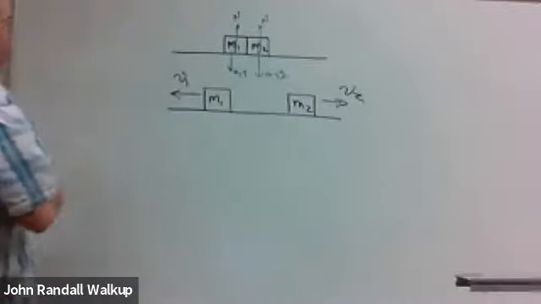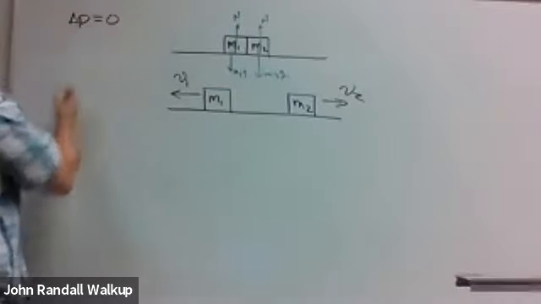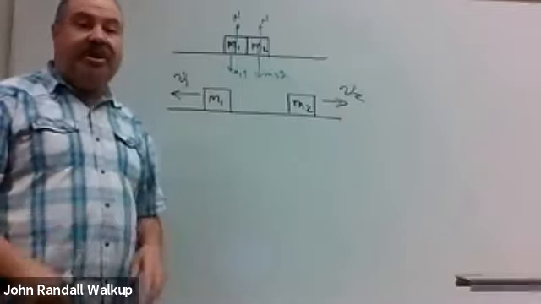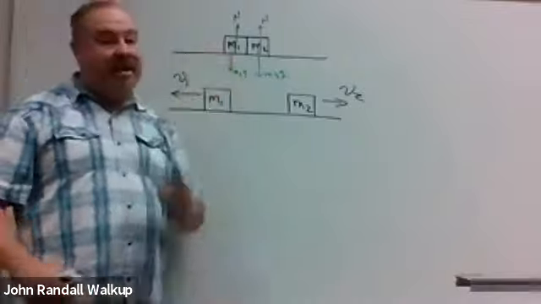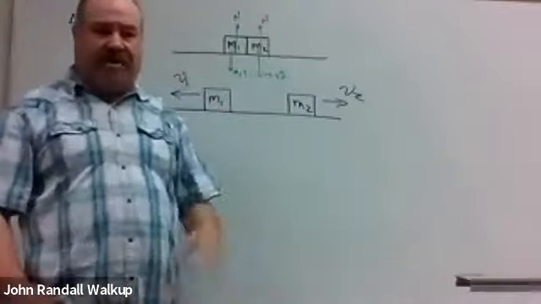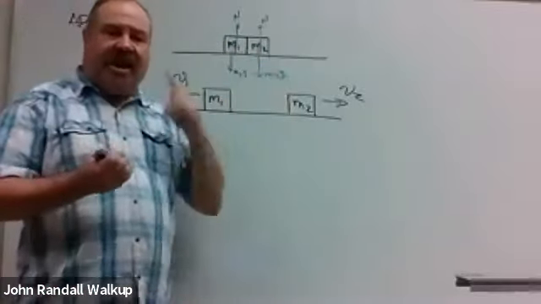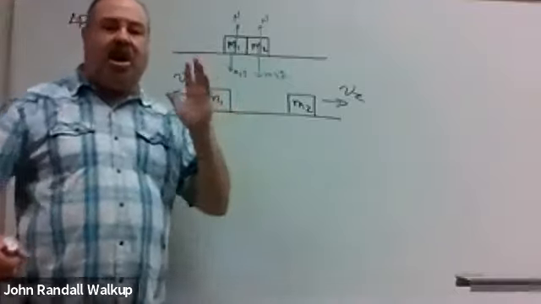So we're going to write that down. Momentum is conserved. What about energy? The answer is no. I have to be kind of careful here, we're not talking about the energy of the universe. We're talking about the energy just of these bodies here, their potential energy and kinetic energy. That energy is not conserved.